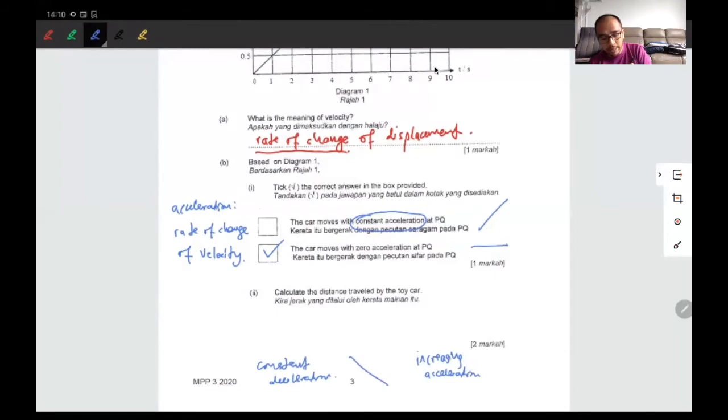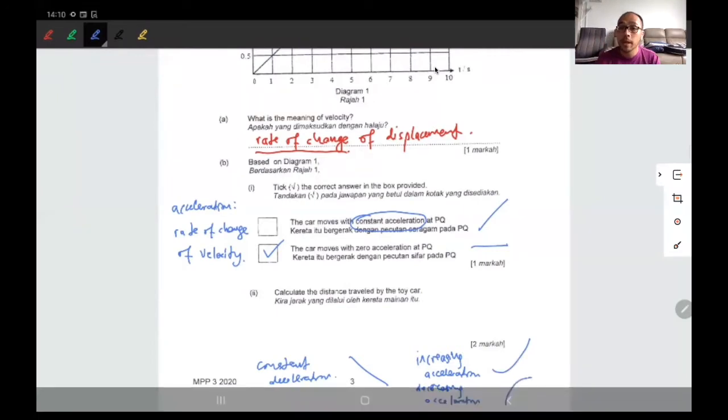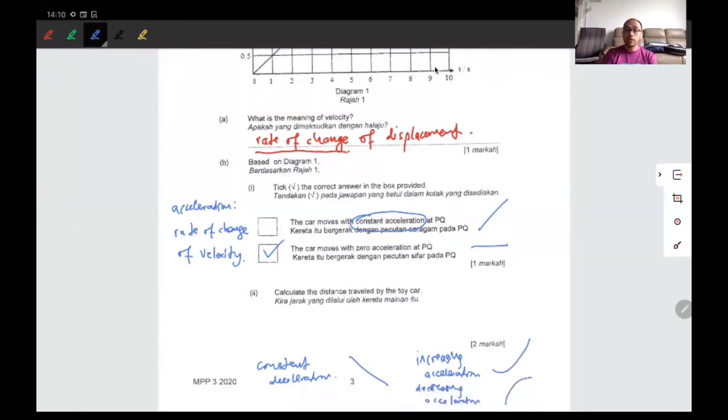Increasing acceleration, the graph will look like this. The curve goes up this way lah. And also the same thing, decreasing acceleration. They're accelerating, but it's decreasing, so it will look like this.